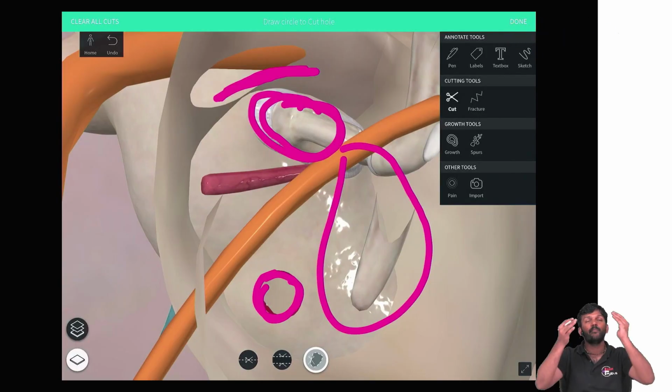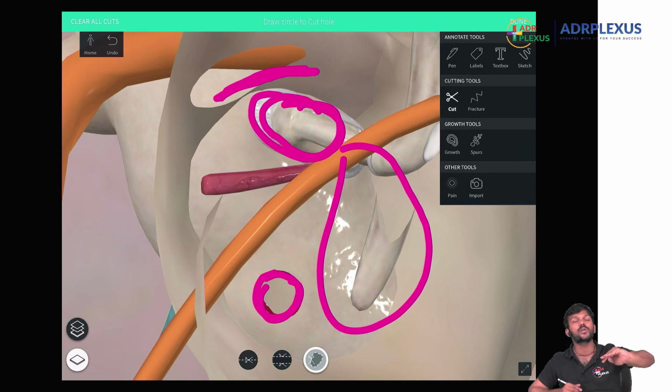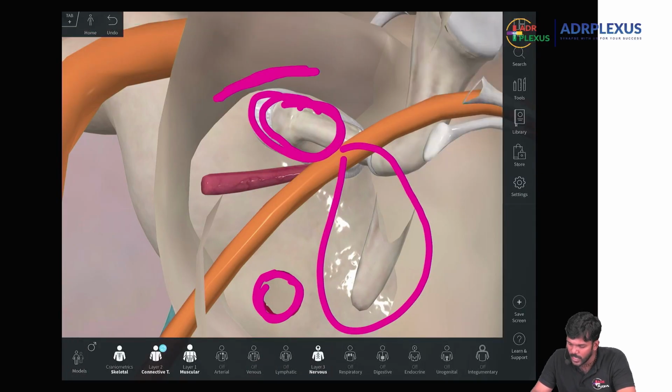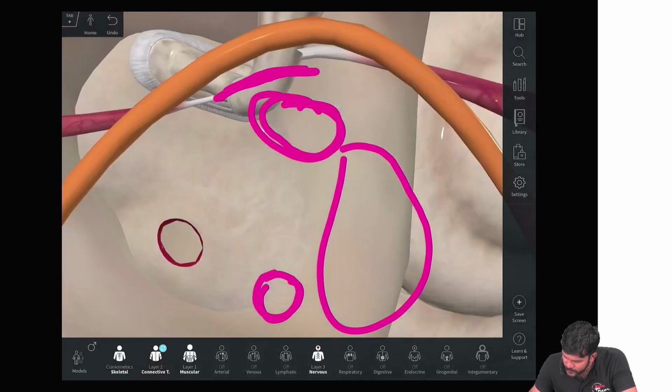I am talking about the medial wall of middle ear, which is the most important wall compared with the other walls. It is having the oval window, round window, promontory, and a canal called the facial canal. And then see here, can you see here?